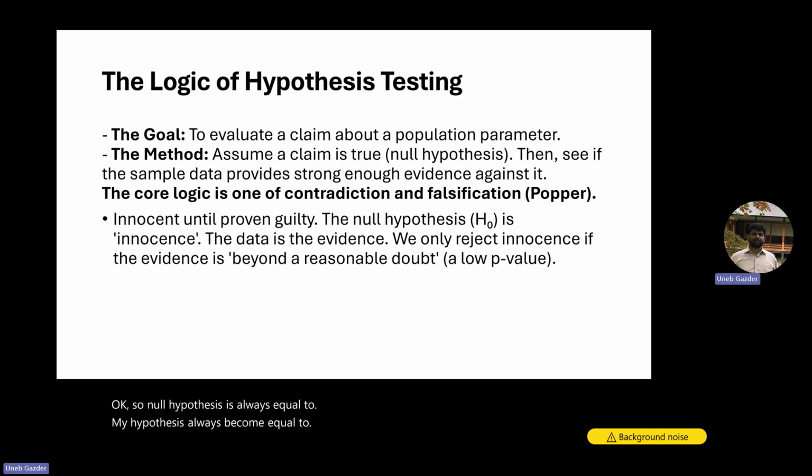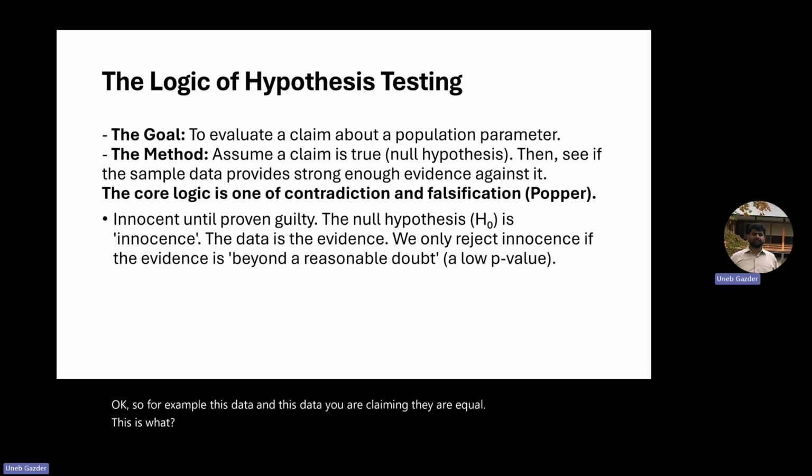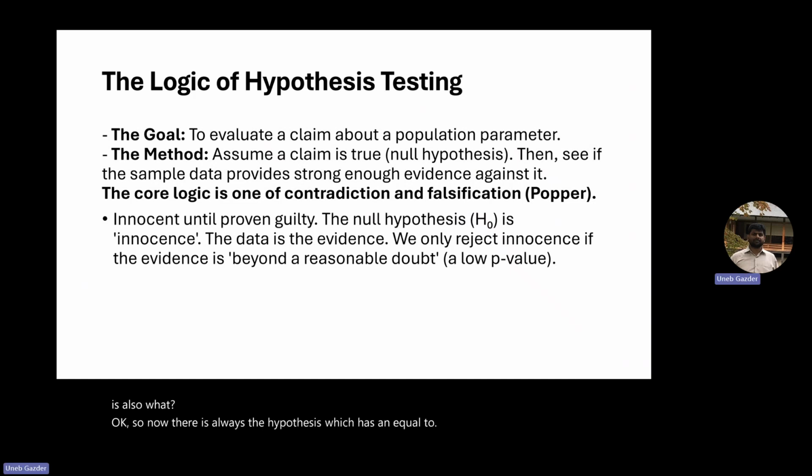So for example, this data and this data, you are claiming they are equal. This is what? Null hypothesis. Or this data has mean equal to this. We are not comparing between the data sets, we are comparing a data set with a value. This is also null. So null is always the hypothesis which has the equal to check.